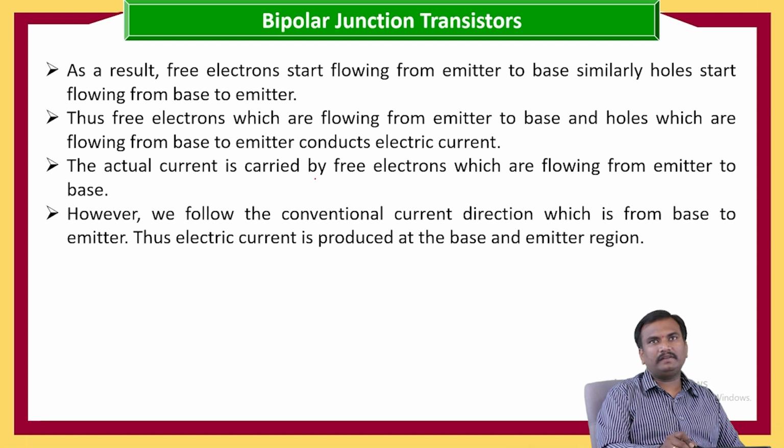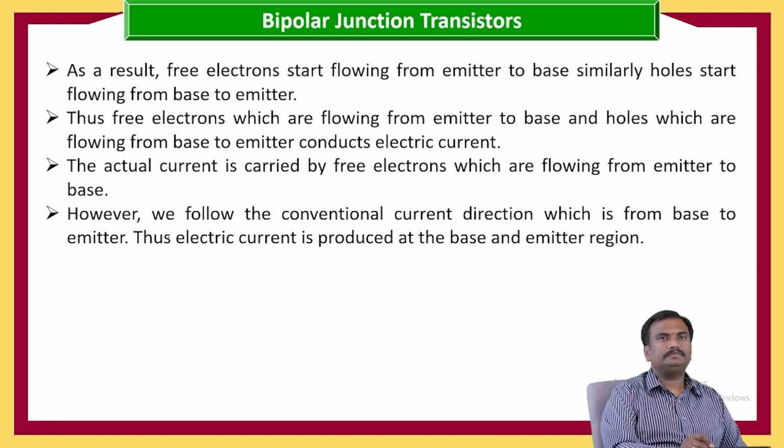The actual current is carried by the free electrons flowing from emitter to base. However, we follow the conventional current direction, which is from the base to emitter. Thus, electric current is produced at the base and the emitter region.